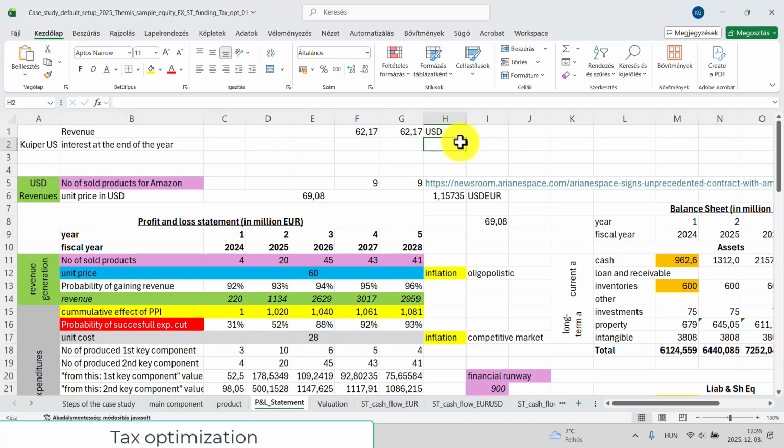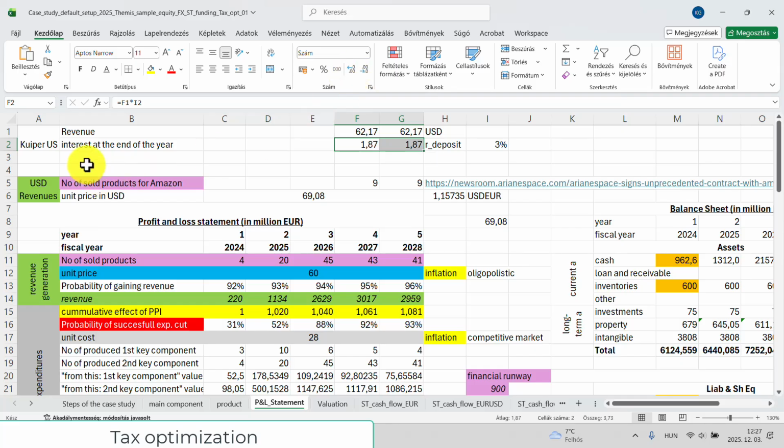Then we can say that, okay, let's define R deposit, 3%. So we can earn an additional 1 million, well, nearly 2 million on this excellent scheme.